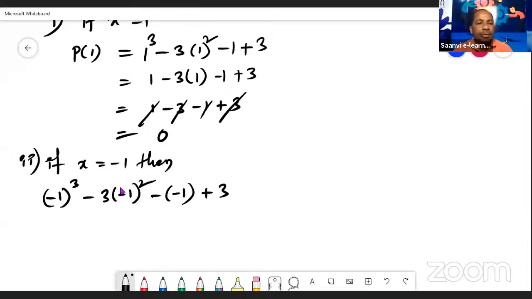We substitute these values in place of x. Minus 1 whole cube value is minus 1. Minus 3 into minus 1 whole square value is plus 1, so minus 3, minus into minus plus 1, plus 3.